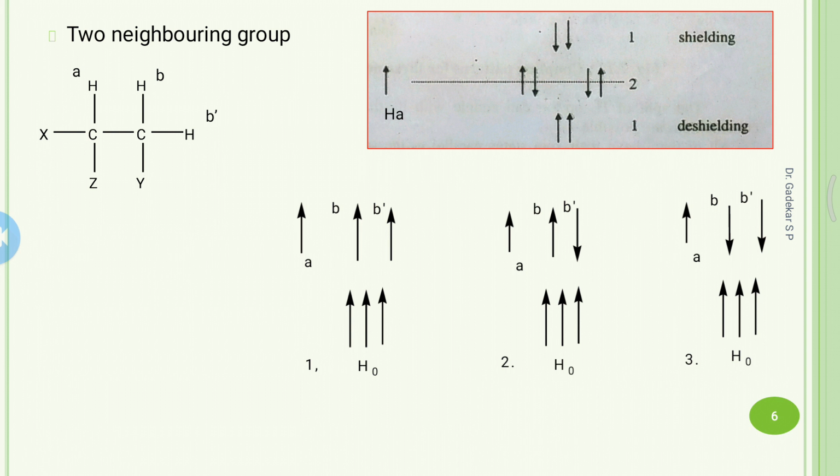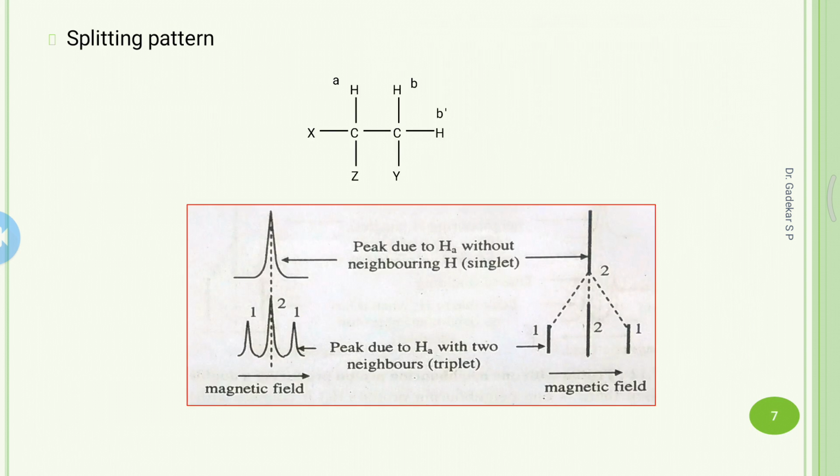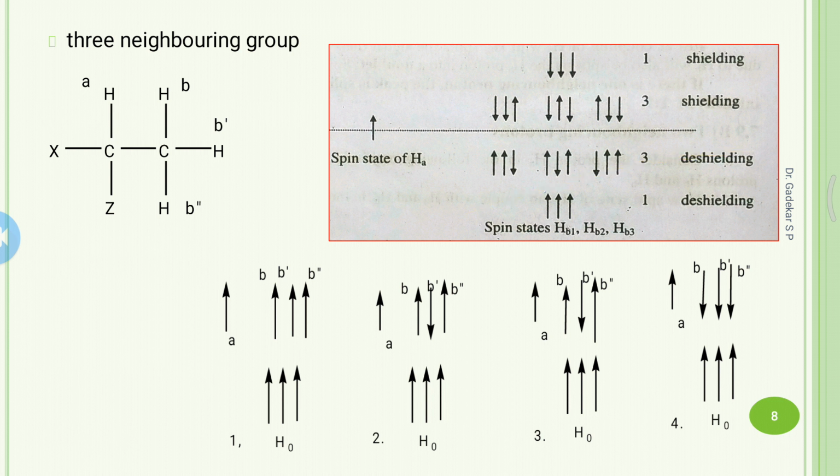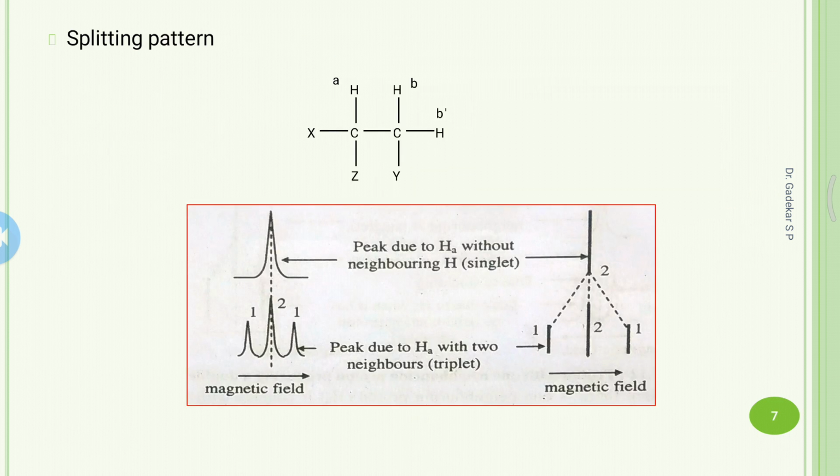Here is the splitting pattern of two neighboring protons. A interacts with B and B dash to form a single signal at low resolution.